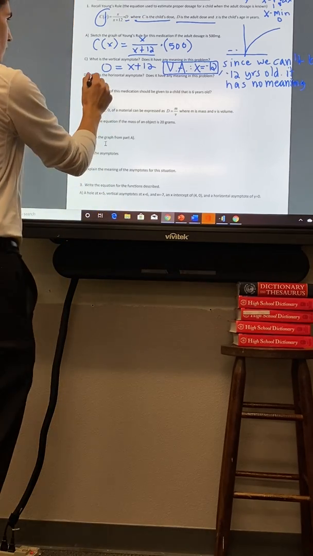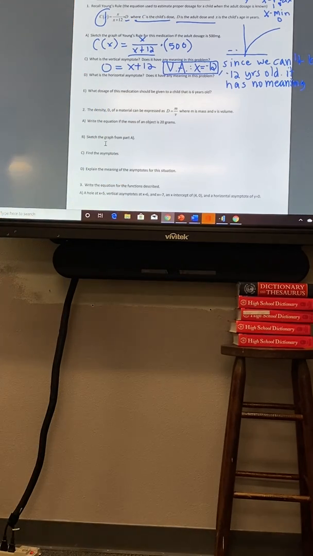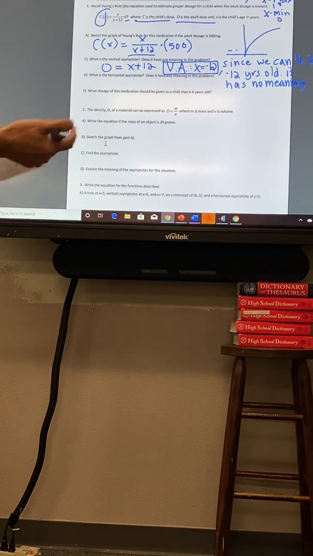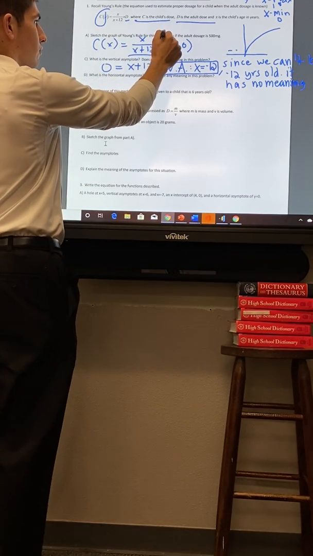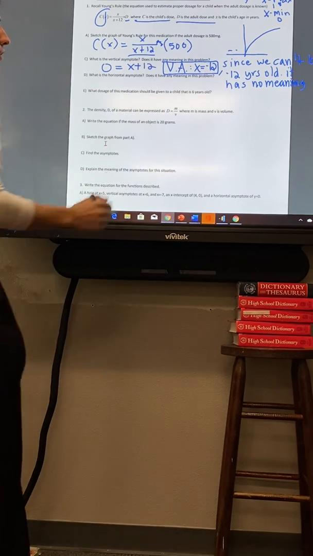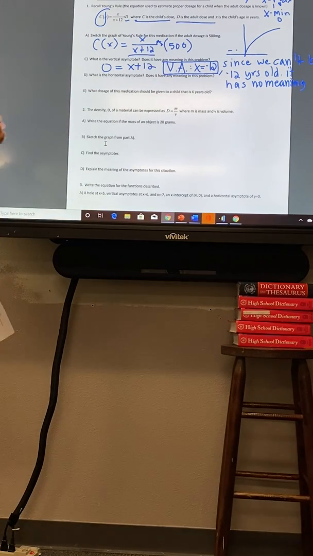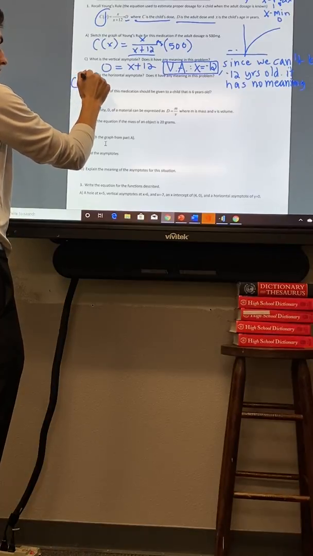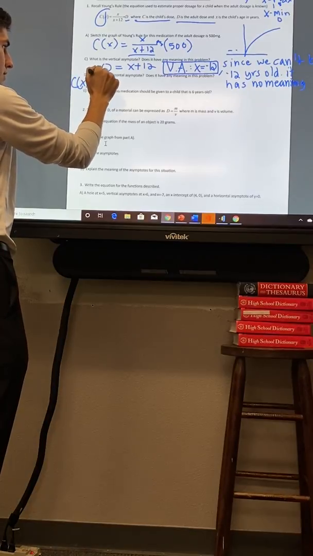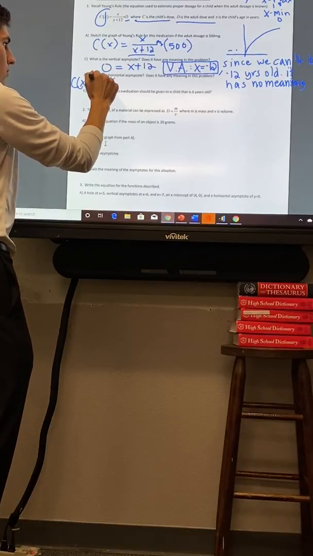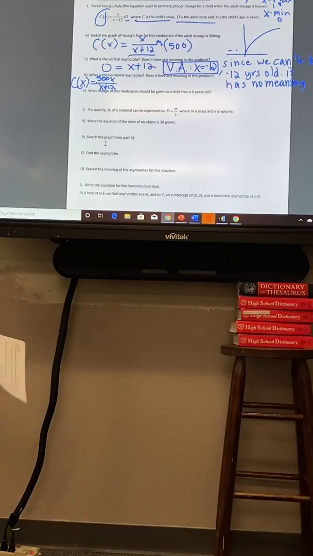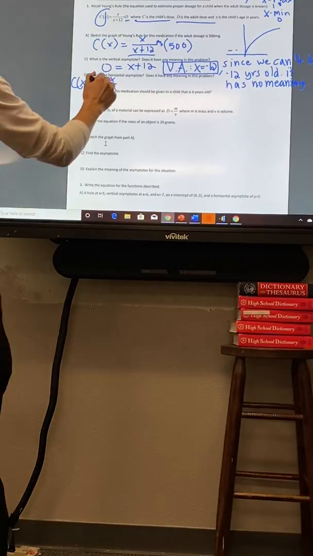So next we want to look for the horizontal asymptote and see if this has any meaning. So for our horizontal asymptote, we actually have to be careful because this 500, we have to multiply. So if we simplify this, if we make it look more like a simplified fraction, we have C of X equals 500X over X plus 12. And so we look at our degrees for our horizontal asymptote.